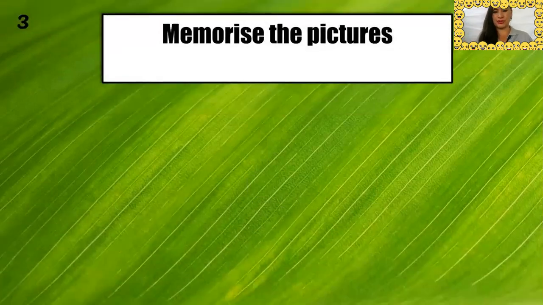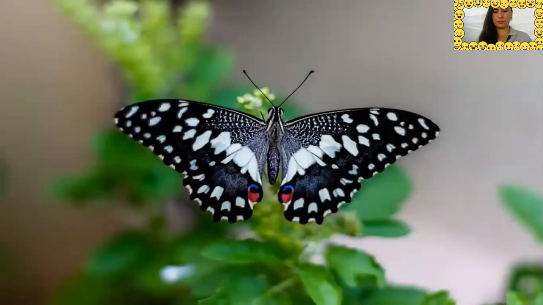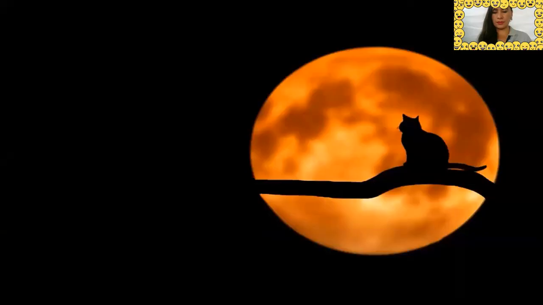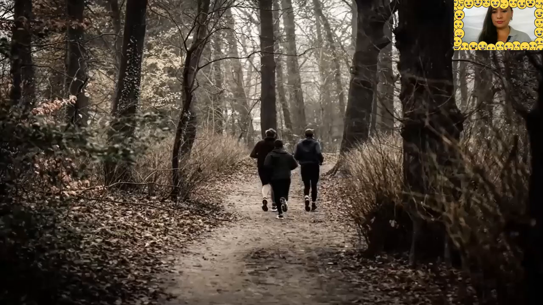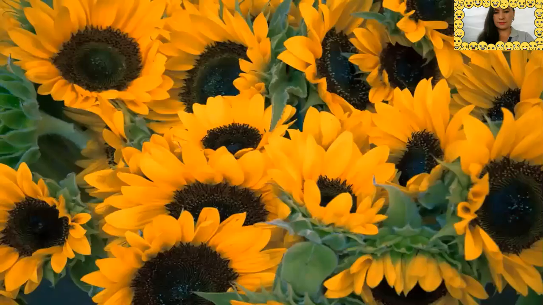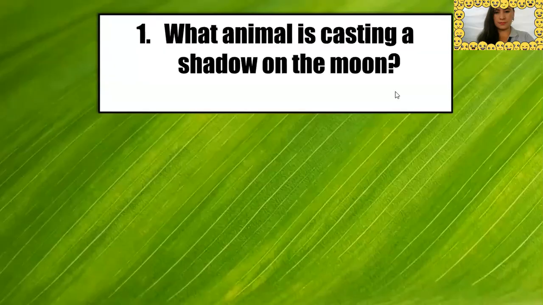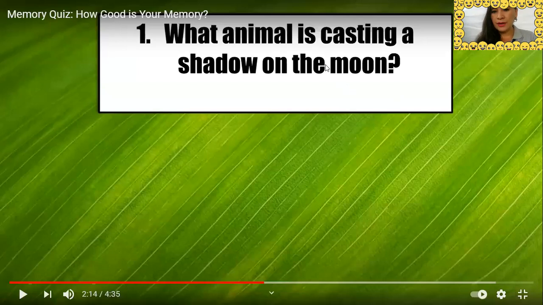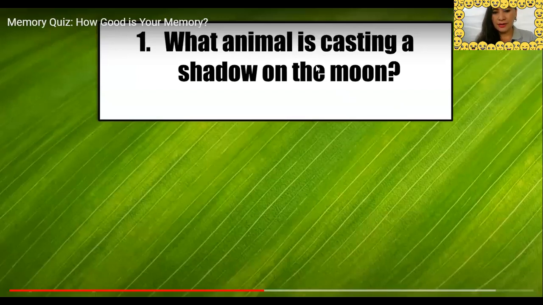Task number 3. Memorize the picture. What animal is it? A cat.